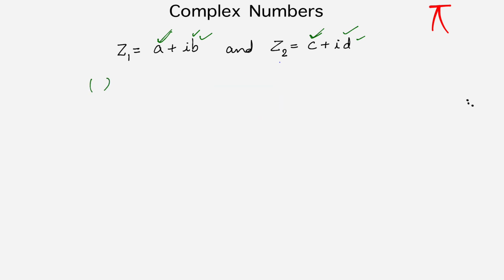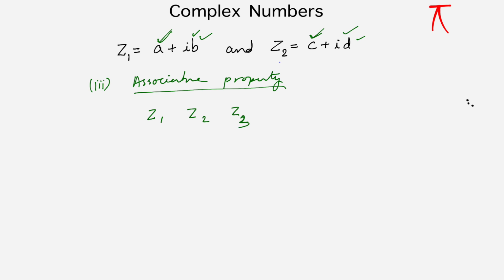And the third one is the associative property, or associative law. It says that if there are three complex numbers, Z1, Z2 and Z3, it doesn't matter which two are added first, and then we add the third one.